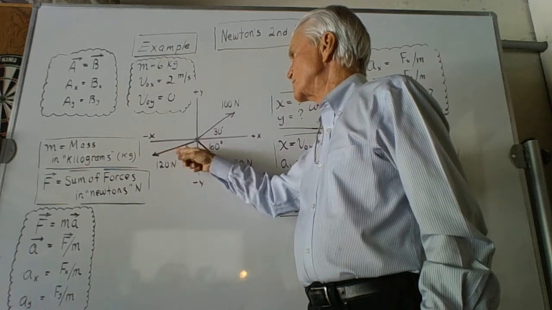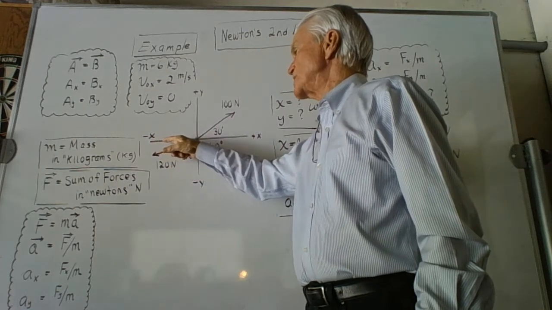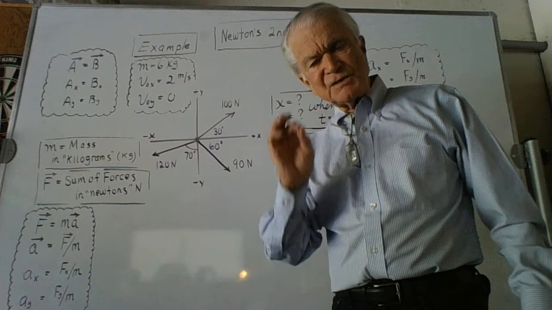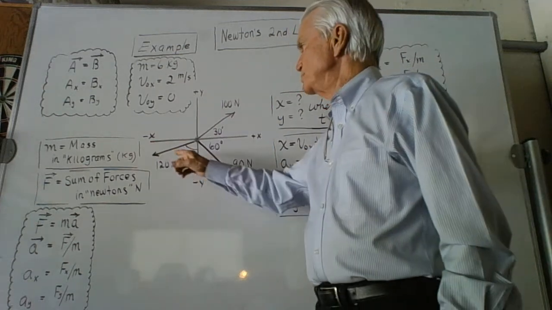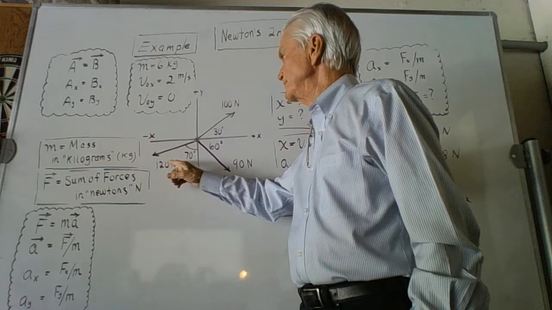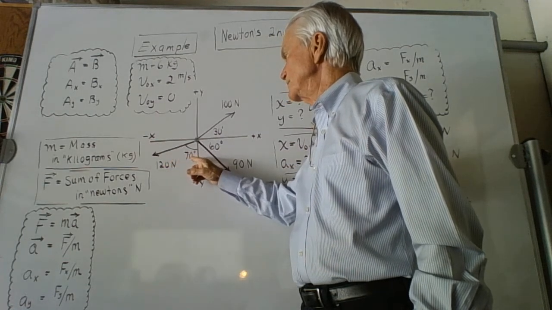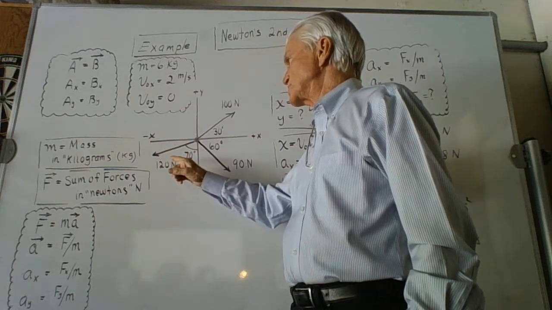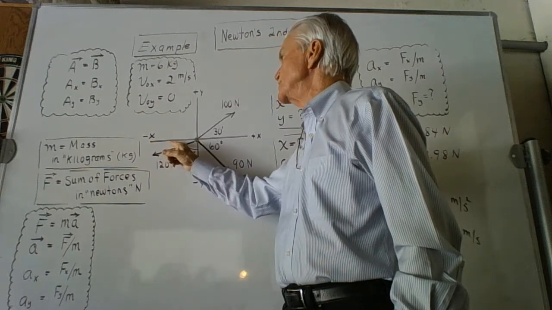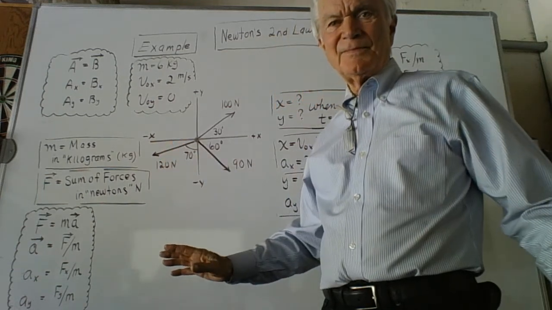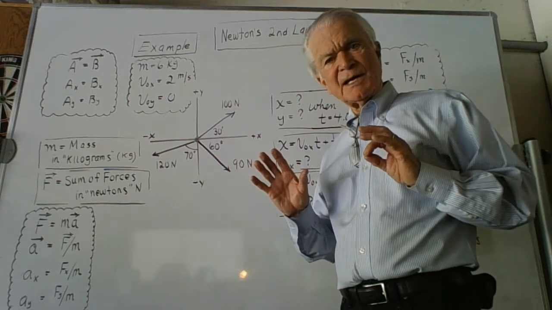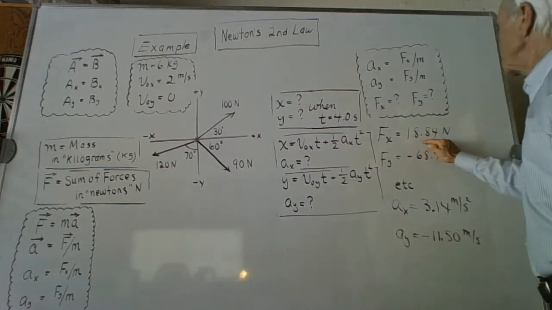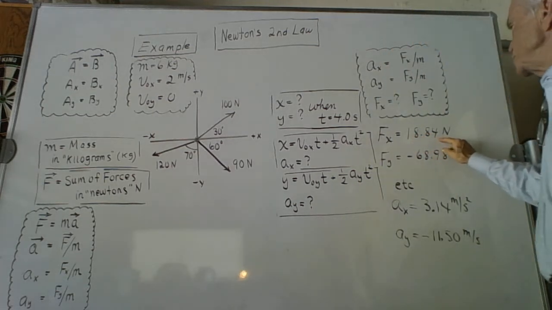The shadow of that arrow cast above it onto the negative side of the x-axis means that the x component of this vector is a negative number. Start with a negative sign. The x component of this is negative 120 sine 70. But since that's 20, the complement, you could say the x component is negative 120 cosine of 20. Add those three and you'll get the final x component, which I determined was this number here, 18.84 newtons.